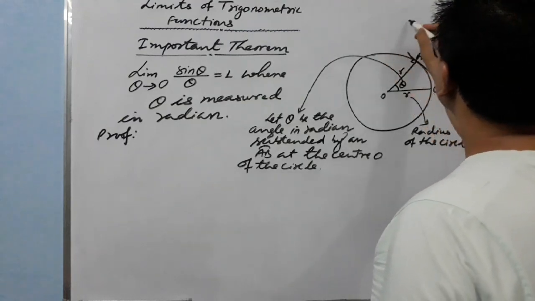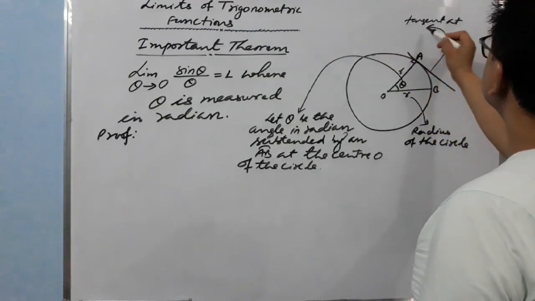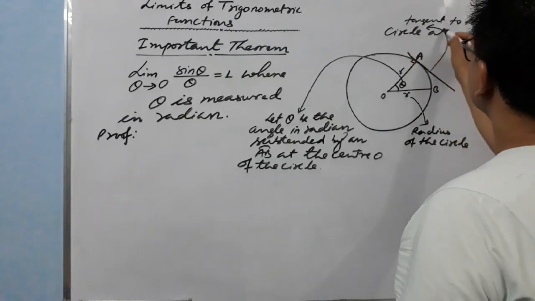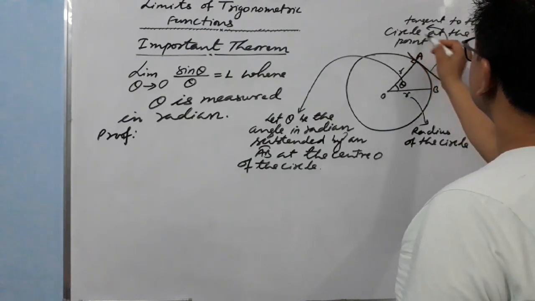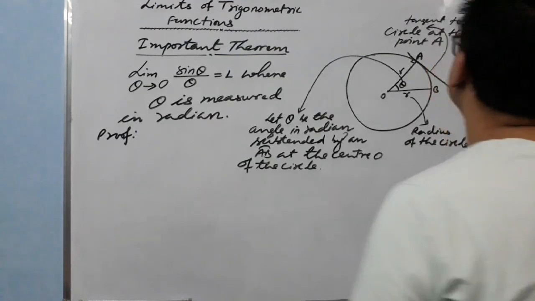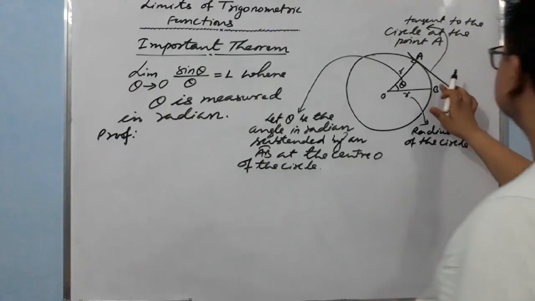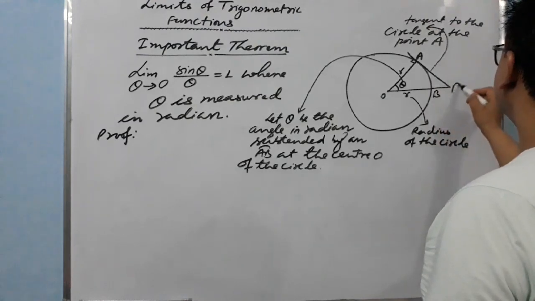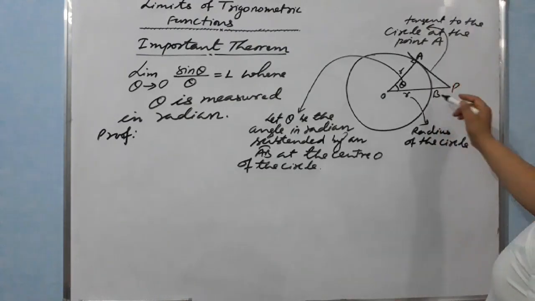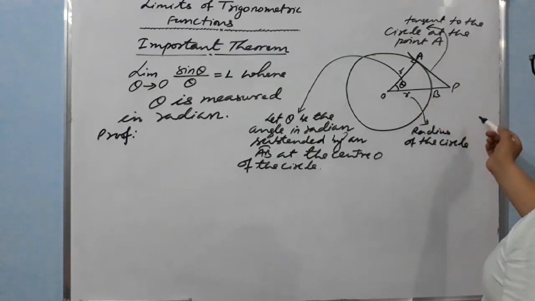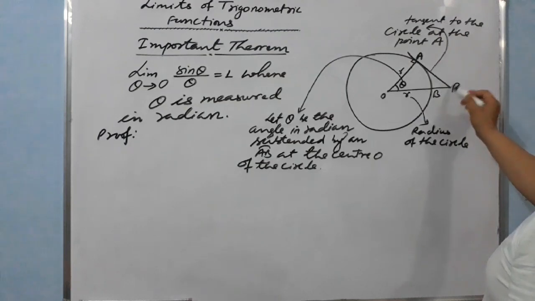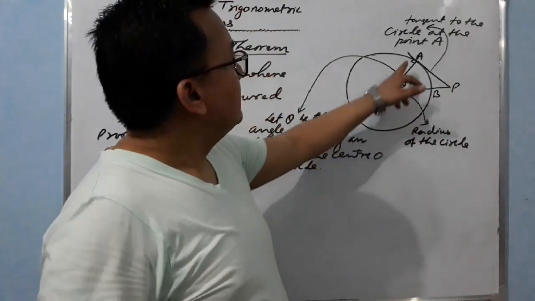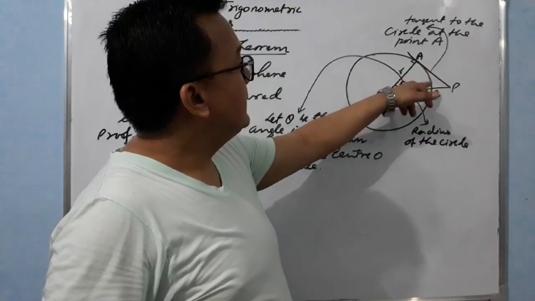I'm writing here: tangent to the circle at point A, which meets OB produced at point P. Let AP be the tangent.